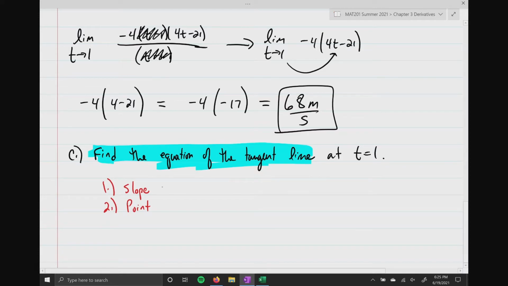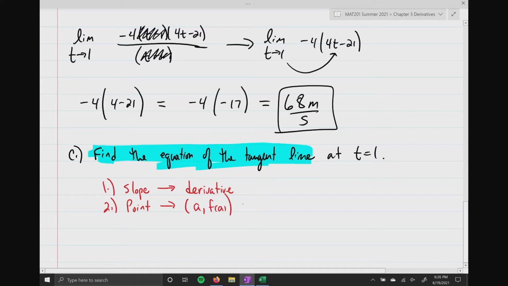Now, the slope in algebra was y2 minus y1 over x2 minus x1. We know that. But in calculus class, this slope is now going to be our derivative. Because remember, the derivative measures the instantaneous rate of change. It is the slope of the tangent line. It measures how fast one variable is changing with respect to another variable. The point is just going to be the point a comma f of a.